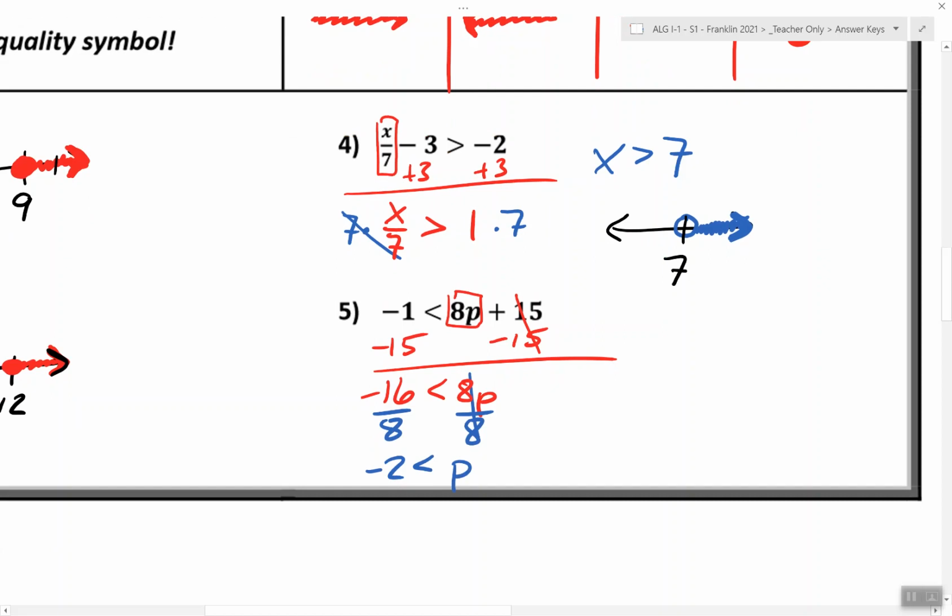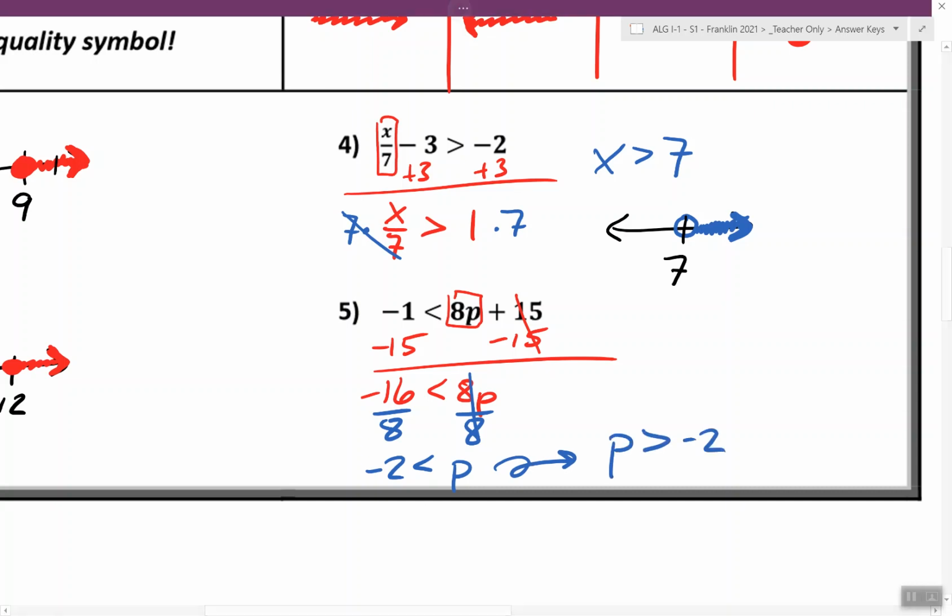But you want to be careful because with inequalities, it's all based on the variable. So you want to read this inequality from the perspective of the variable. So it might help to have the variable always on the left-hand side, which means we need to rotate this whole thing around. So that would be p is greater than negative 2.